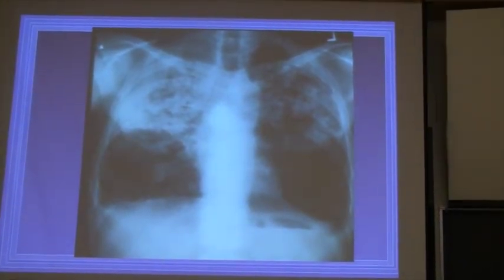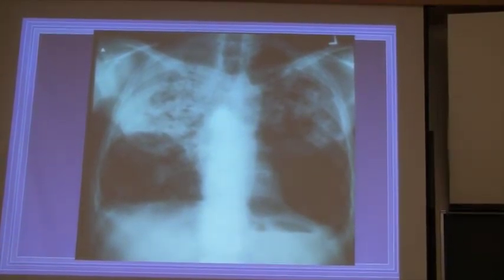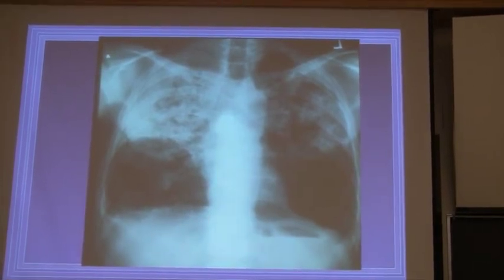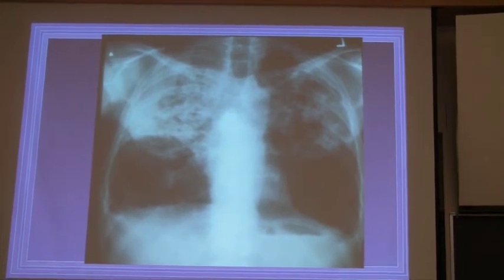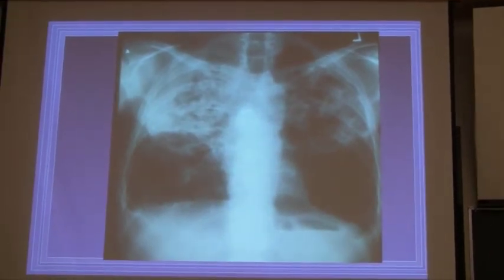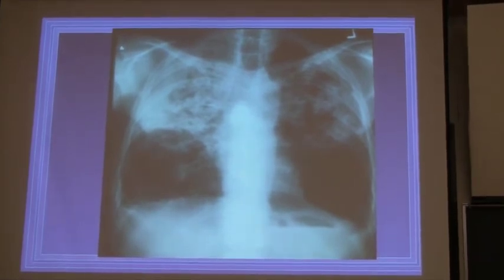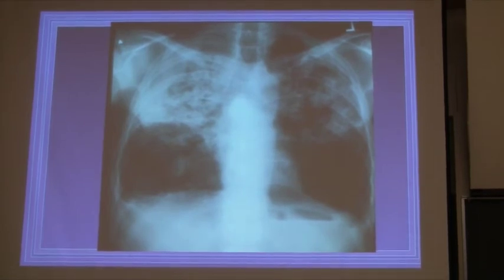Okay, so this is what we expect recurrent TB to look like, occurring in the upper part of the lungs and causing cavities. Cavities are incredibly infectious, and I bring this up as, for folks in the dental profession, there is nothing more infectious than when tuberculosis is cavitary or it gets on the larynx and in the upper airway.